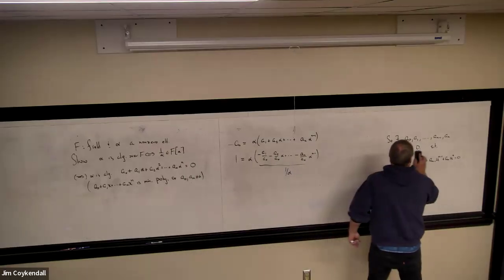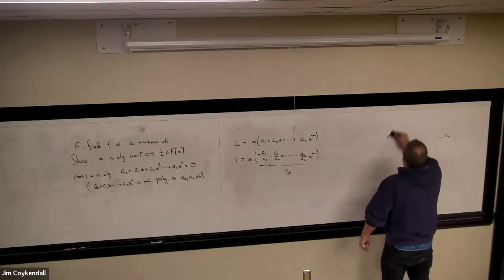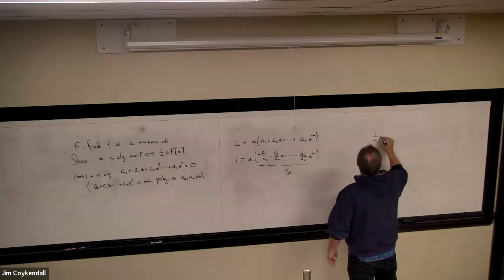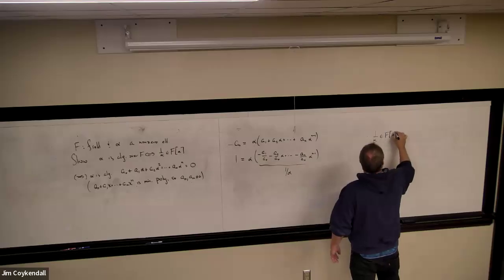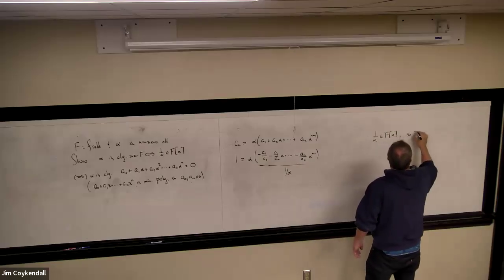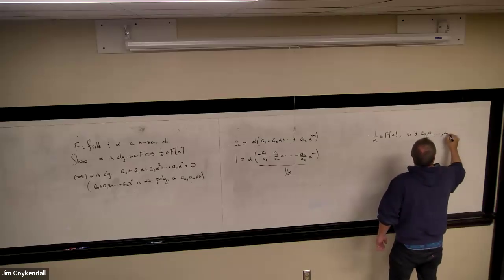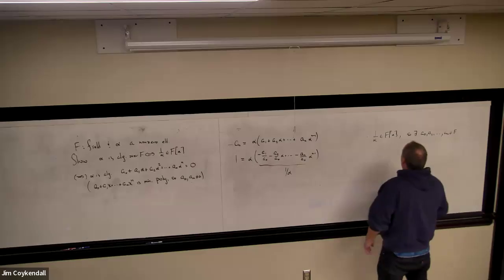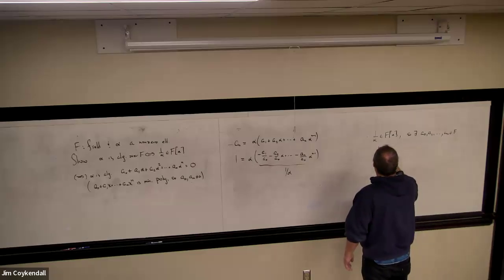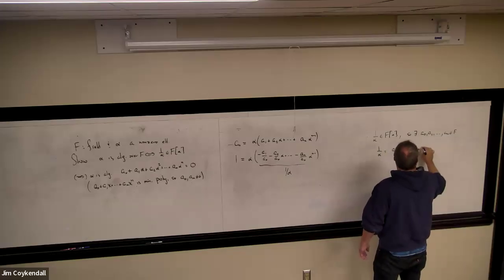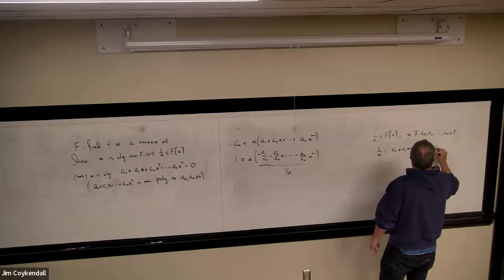On the other hand, suppose 1 over alpha is in F adjoined with alpha. So there exist a0, a1, up to an in F with 1 over alpha equal to a0 plus a1 alpha plus a2 alpha squared plus ... plus an alpha^n.